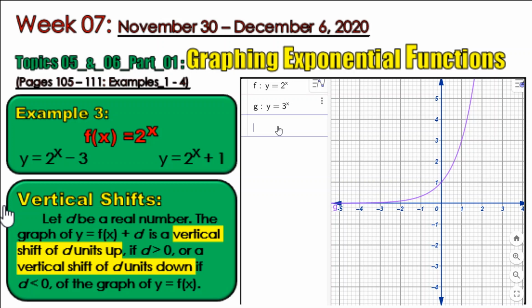So we have y is equal to 3 raised to x, and this is minus 3. So we have 3 units downward, from positive 1, 1, 2, 3. So the graph of y is equal to 3 raised to x translated 3 units downward is y is equal to 3 raised to x minus 3.